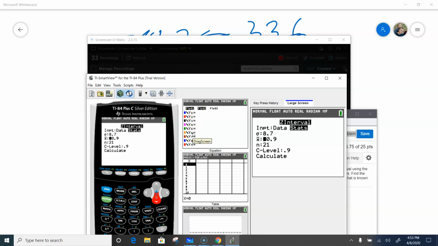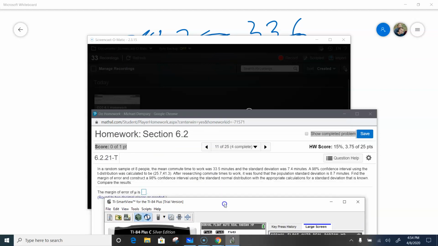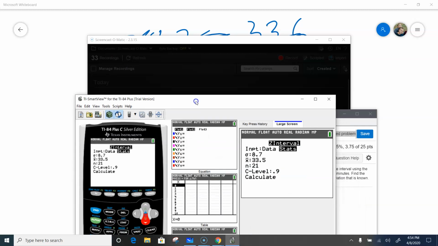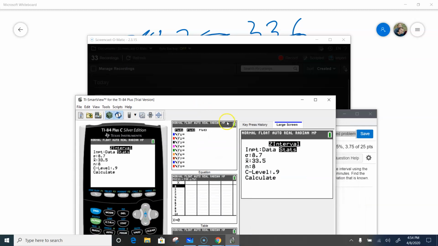That's not going to change. And then our sample size is 8 people. Pretty small sample. All right, and we know the confidence level is 0.98.